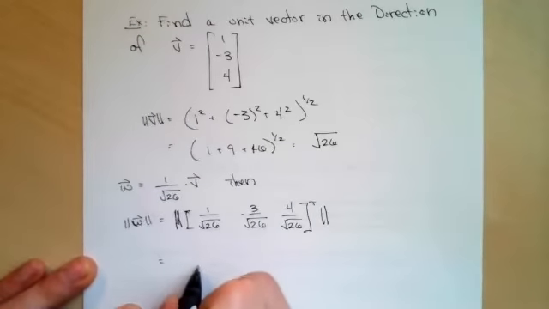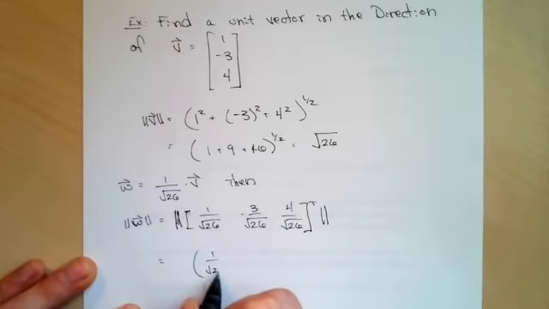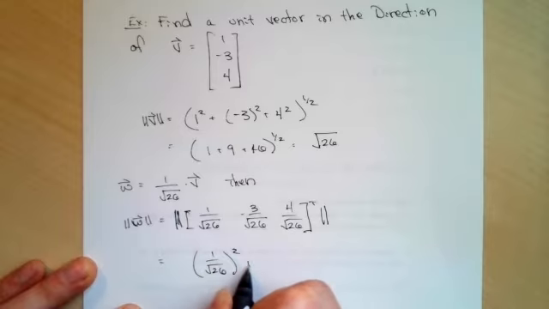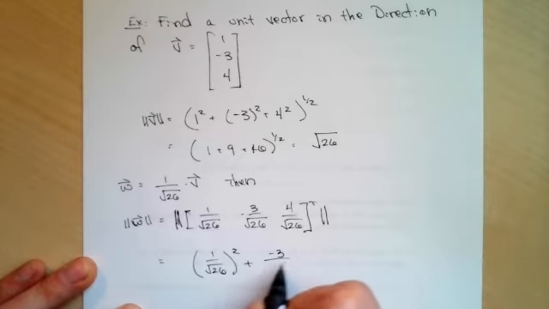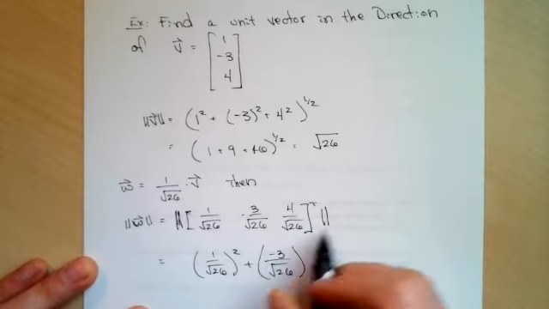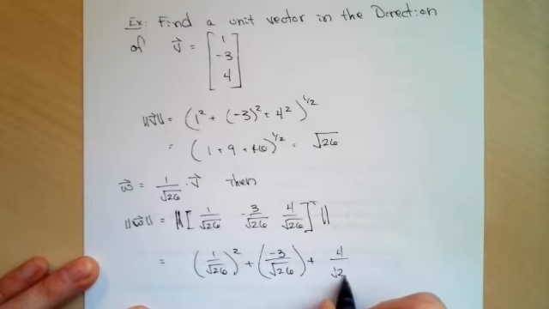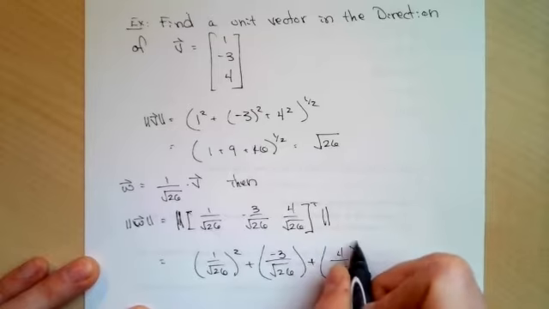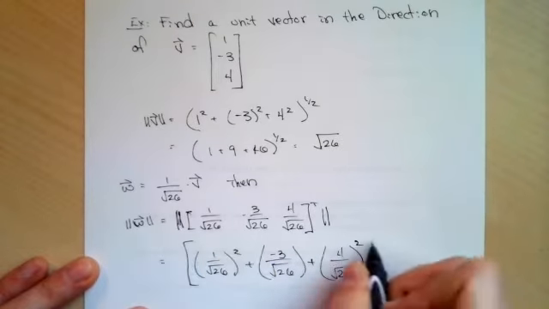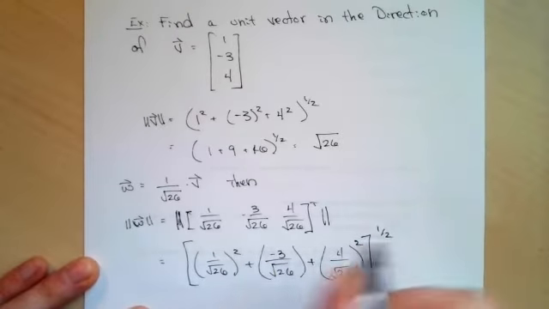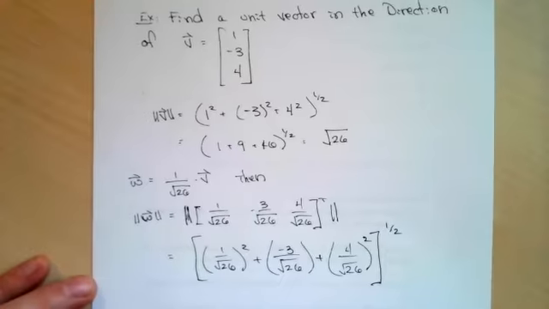Which will give us the sum of each of the components squared, all square root.